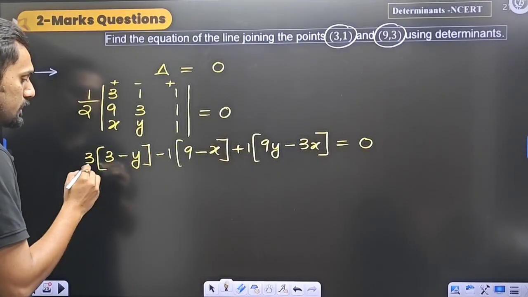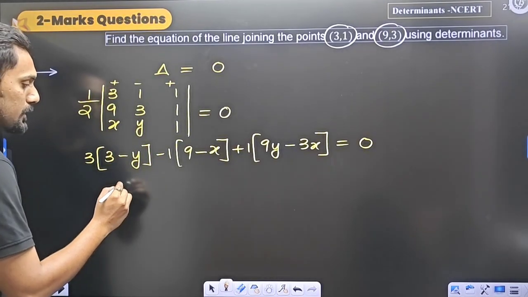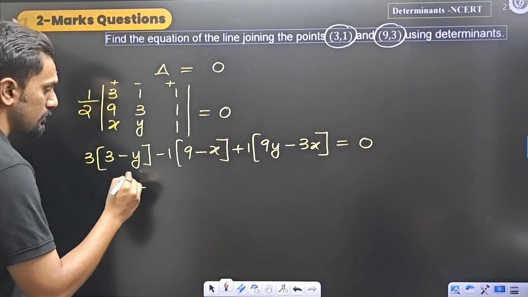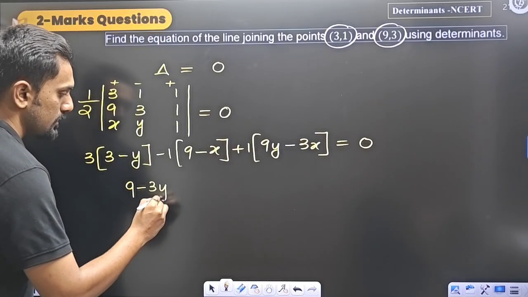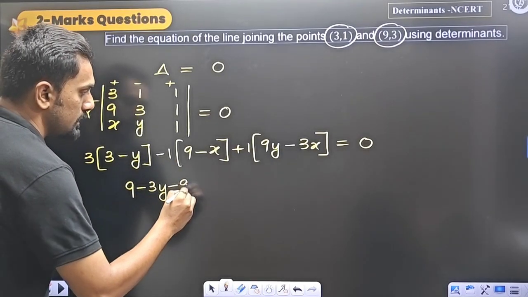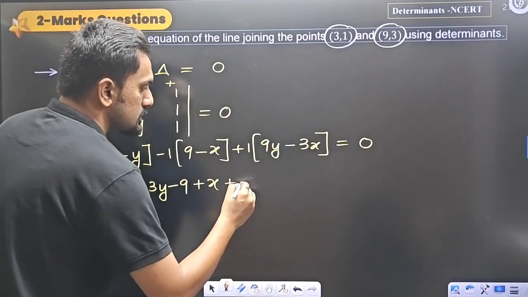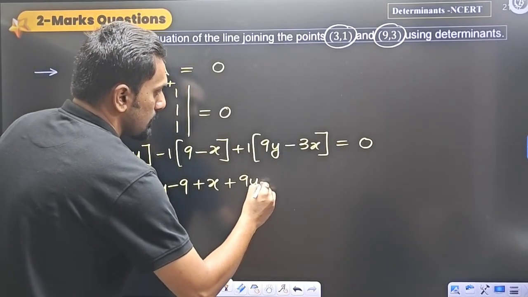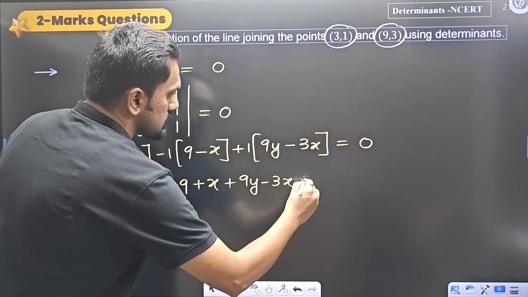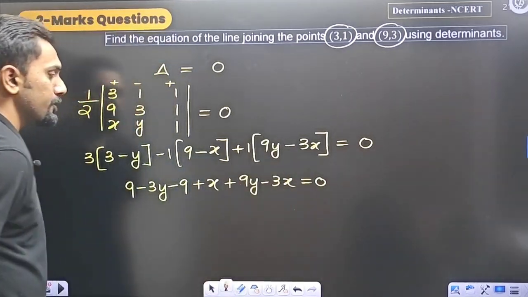Simplify everything. What happens, 3 multiplied by 3 is 9 minus 3y, then minus 9, minus into minus becomes plus, plus 9y minus 3x equals 0.